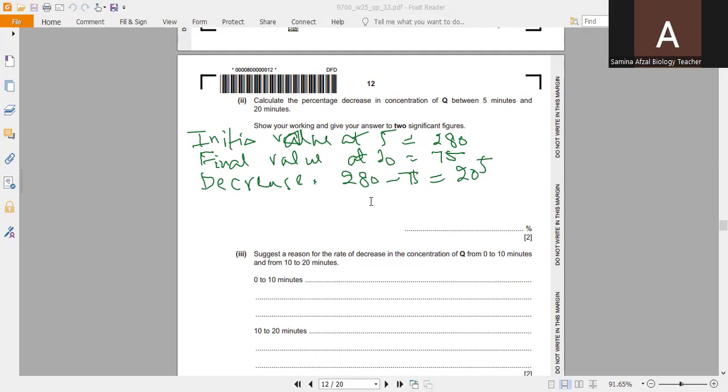So the formula for this is 205 divided by 280 into 100. If we calculate this value with a calculator, then you can find out the percentage decrease, that is about 73.2%.